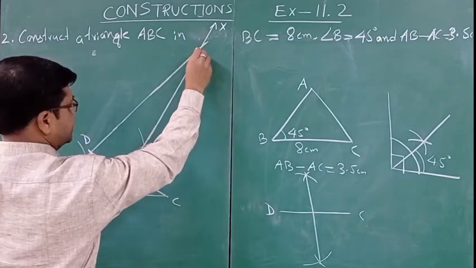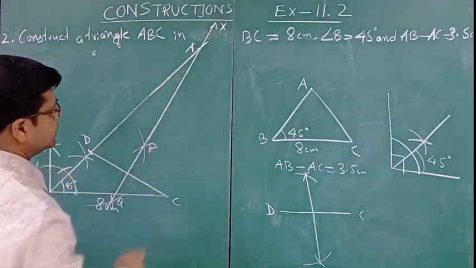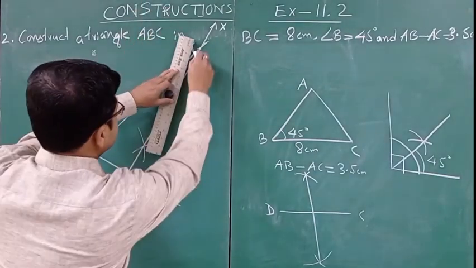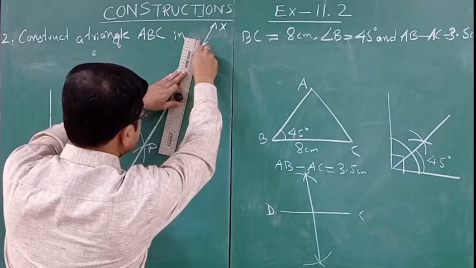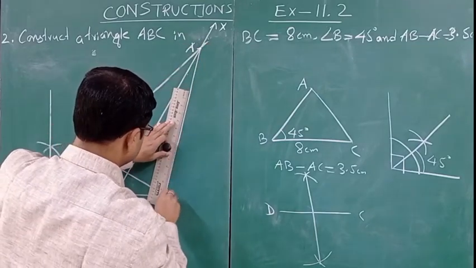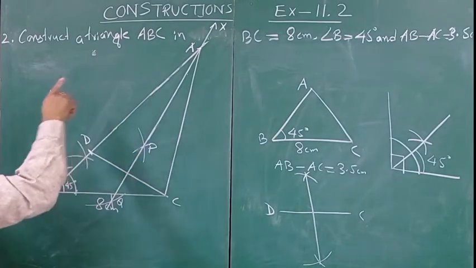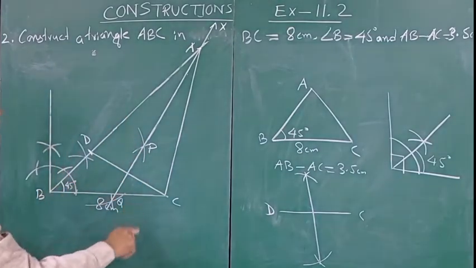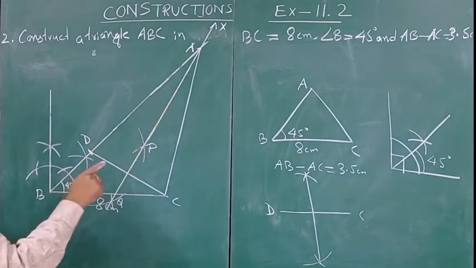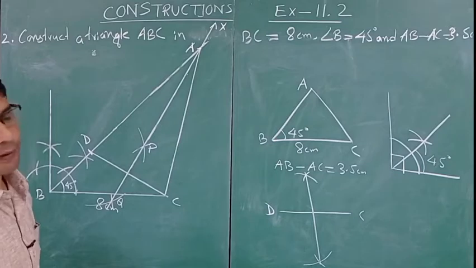They intersect at this point. This point is A. Now we shall join AC. AC is joined. Hence we have obtained the triangle ABC, in which BC equal to 8 cm, angle B is 45 degree, and AB minus AC is 3.5 cm.